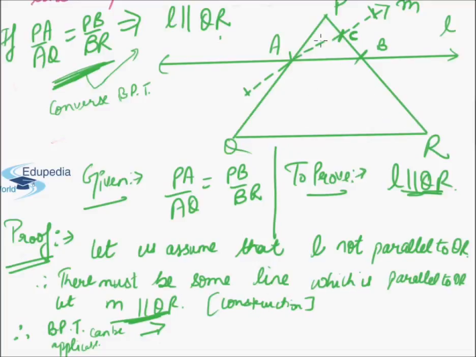Now M will be dividing PQ and PR such that PA over AQ equals PC over CR.